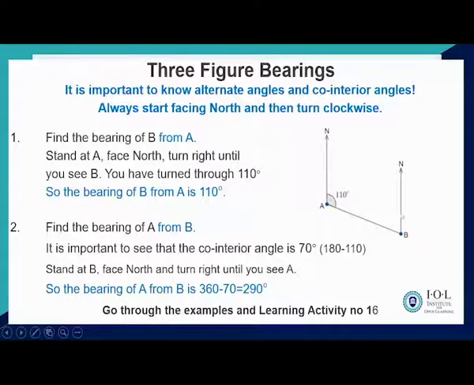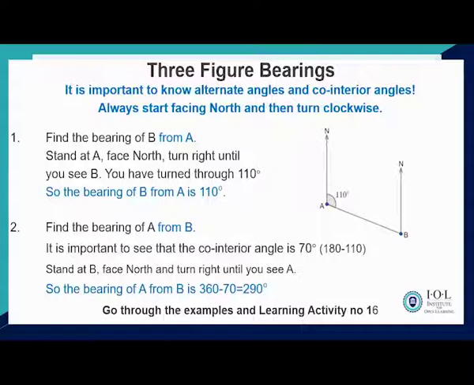And now you see, if I reach 180 here, I've turned 180, I must turn another lot. And this is where your previous knowledge comes in. You have to know alternate angles, so you can say 180 plus the 110, or you can work with co-interior angles.